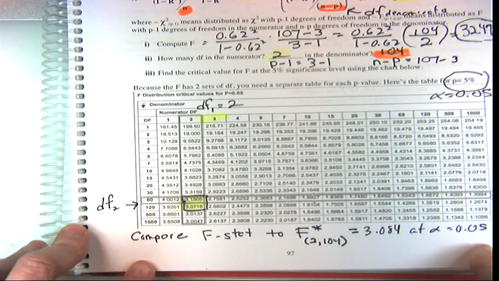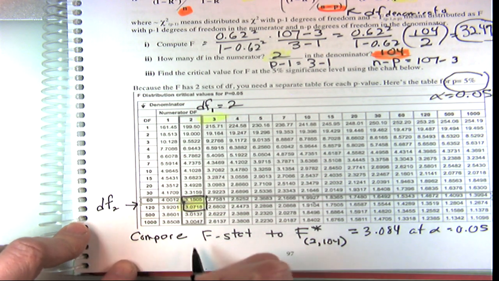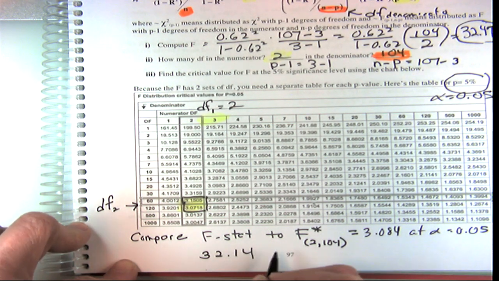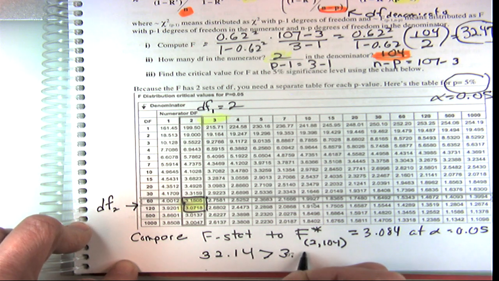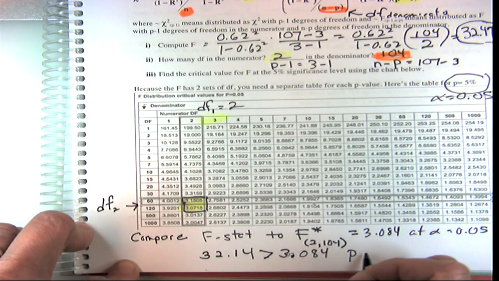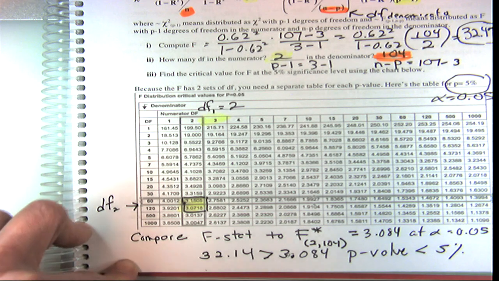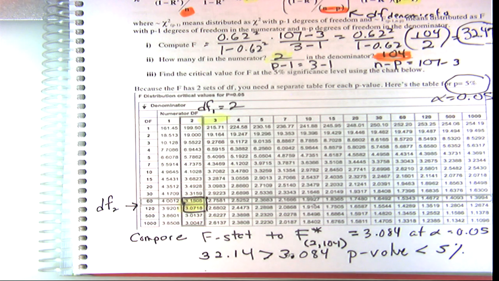So since 32.14 is much bigger than 3.084, you would say the p-value has to be less than 5%. It's going to be about 0, but let's check it out.